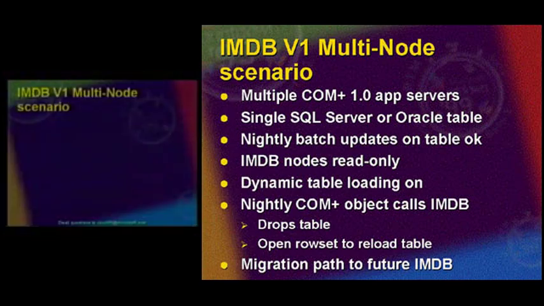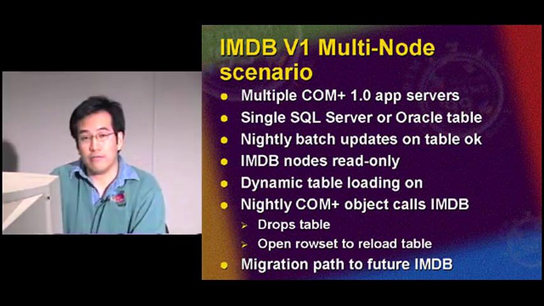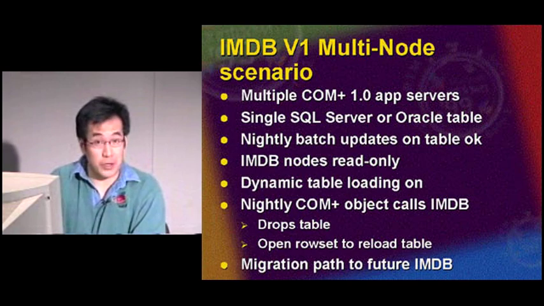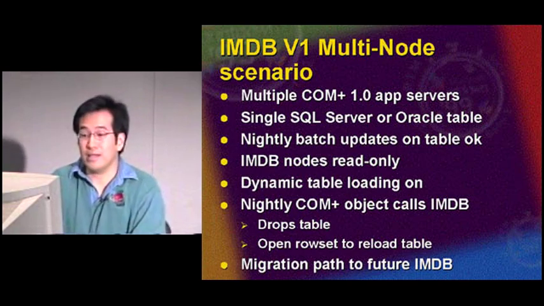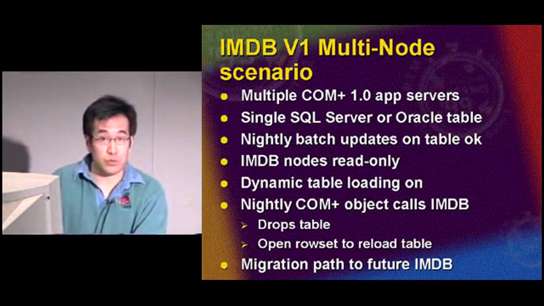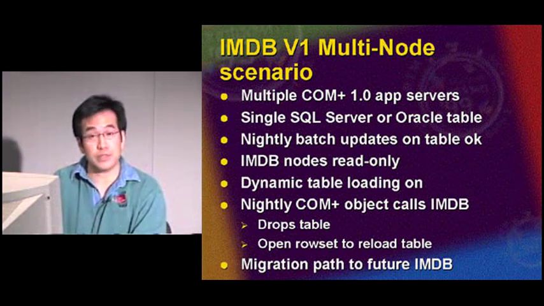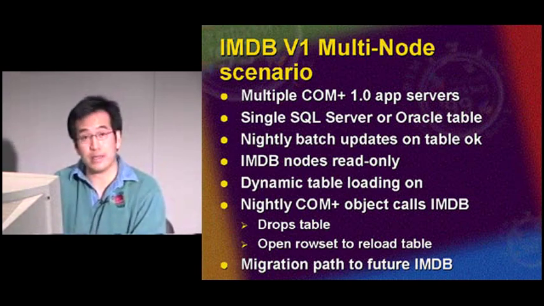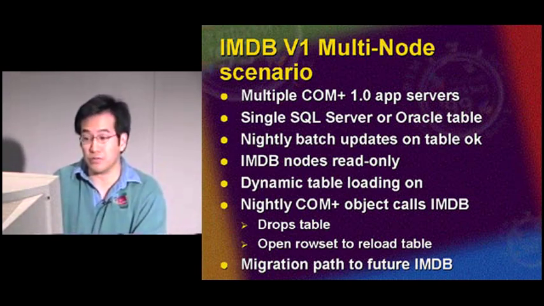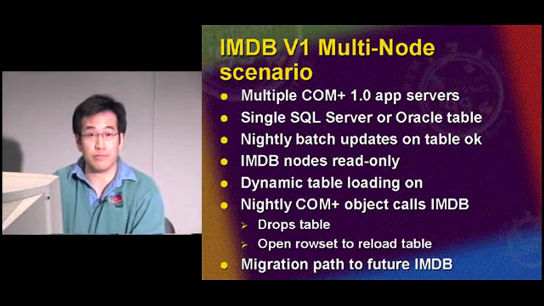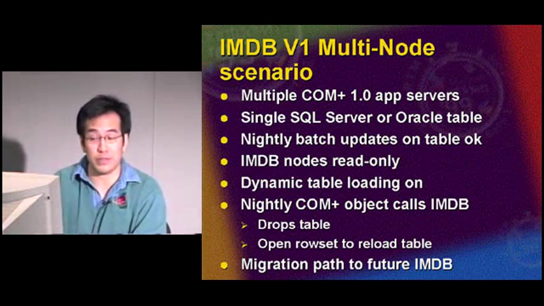The next scenario discusses version 1 situations where we have multiple COM+ 1.0 application servers. Potential scenarios would be very large web scenarios where it is a requirement that there be several application servers participating in order to provide the required scalability and performance for a situation.